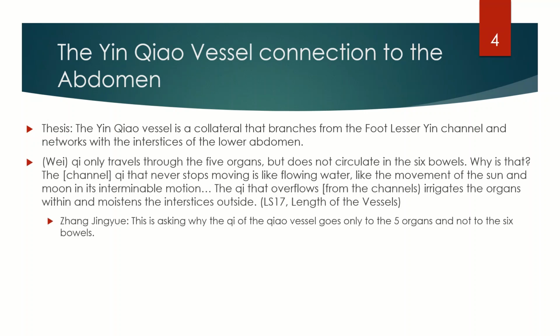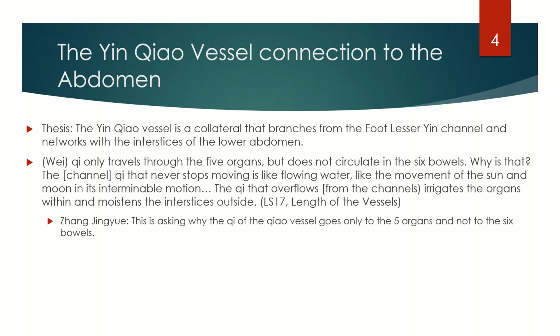So we just talked about this quote, there's qi traveling in the circulatory system, and then there's also this qi that's just outside of the circulatory system, and it irrigates the organs, and it moistens the interstices. Now, interestingly enough, Zhang Jingyue, the Ming Dynasty commentator, said this is talking about the Qiao vessel and how it goes only to the 5 organs.